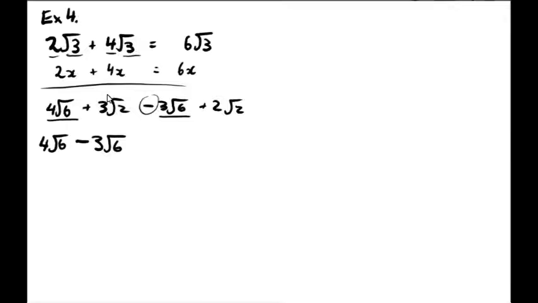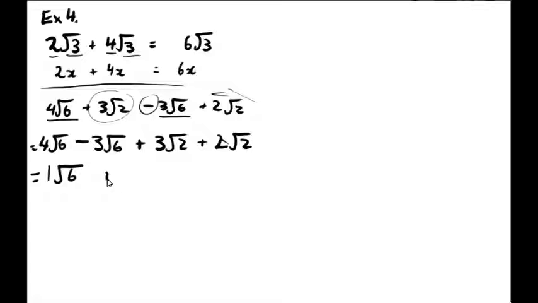Then we have this one and this one, so plus 3 root 2 plus 2 root 2. That would be equal to 4 take 3, which is 1, root 6, and 3 plus 2, which is 5, square root 2.